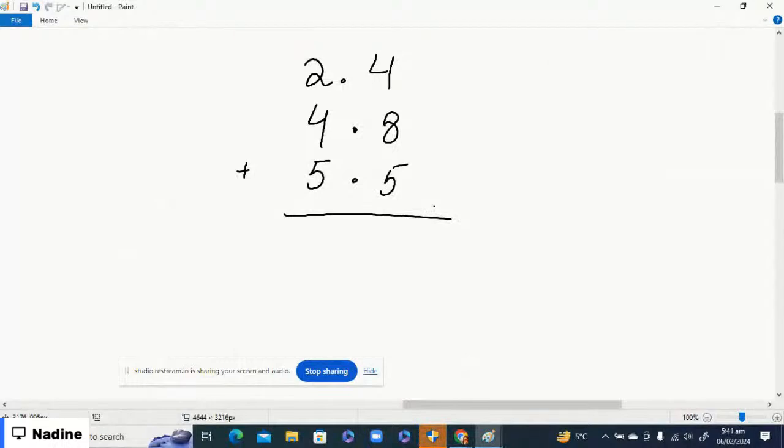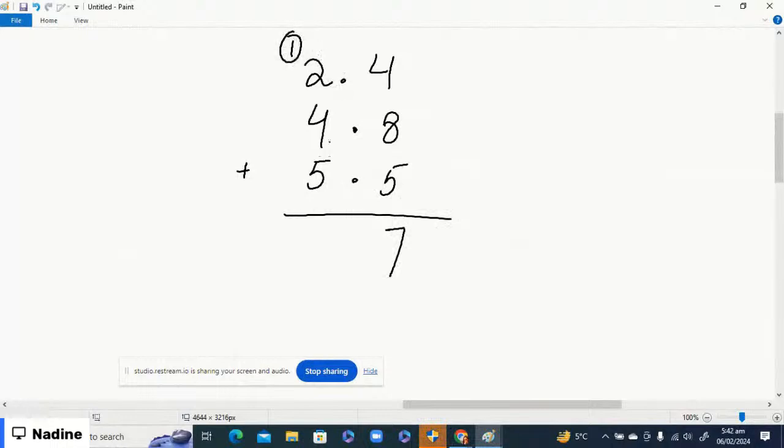Let's add this one first. 4 plus 8 is 12. 12 plus 5 is 17. Put 7. 1 goes up.